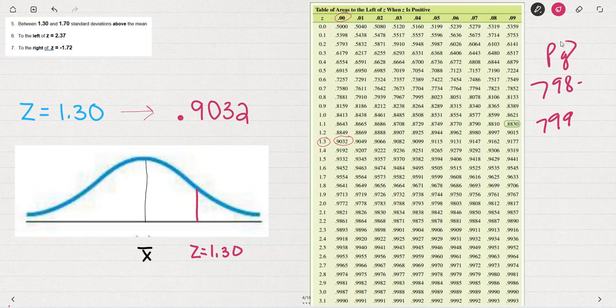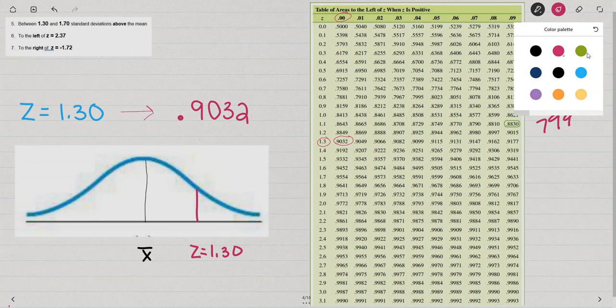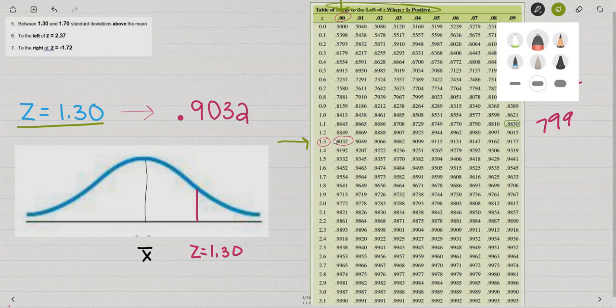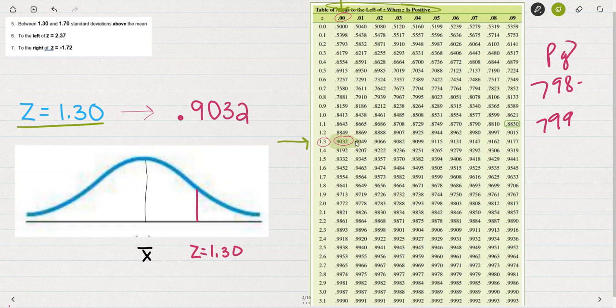If I'm looking for the area to the left of z, when z is 1.30, I'm going to find 1.3 on the left, and then across the top I'm going to find the 0.0, and you can see that that leads me to this 90.32%, or the decimal is 0.9032.